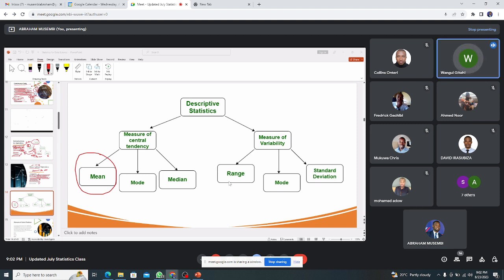It's the values or observations found in the middle of the data. You were close to getting the value, but there is a statement you are missing to make that definition complete. Let me just illustrate.